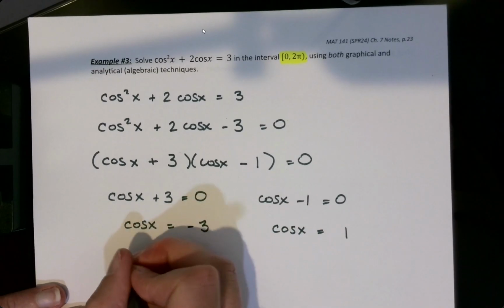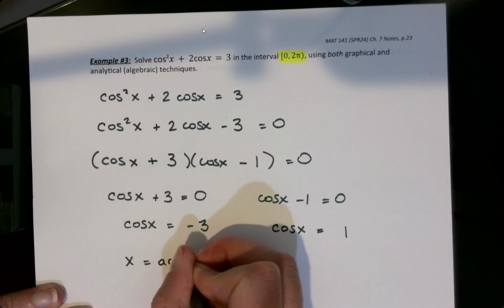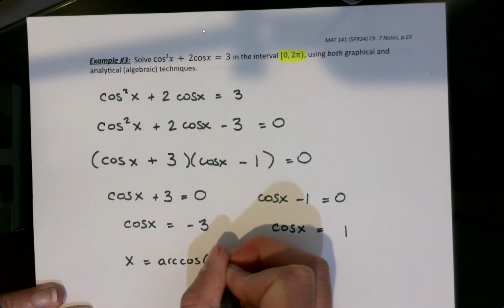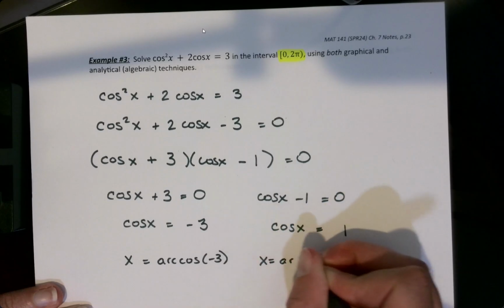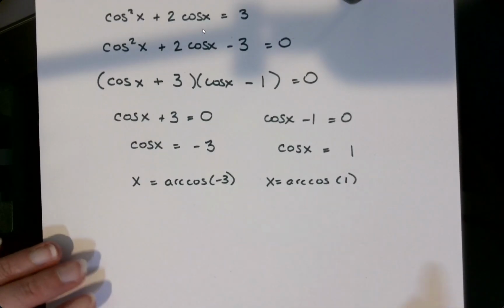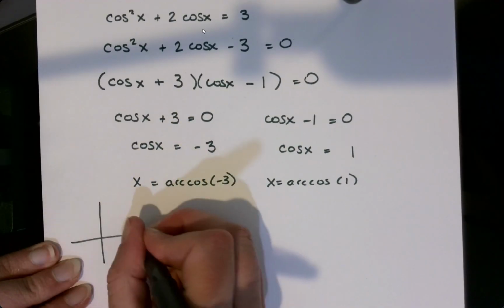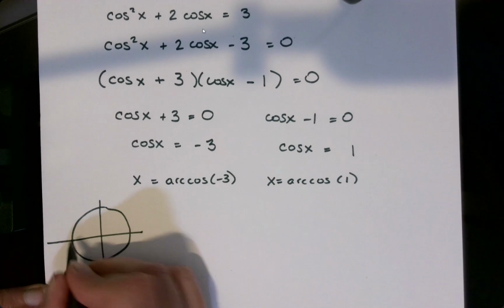So to solve for x, we're going to need to take the inverse cosine of both sides. So we'll apply the arc cosine of negative 3 and the arc cosine of 1. On the arc cosine of negative 3 side, we've got ourselves a unit circle.